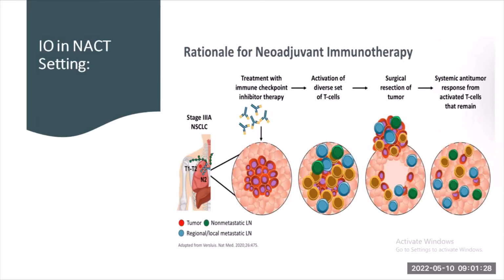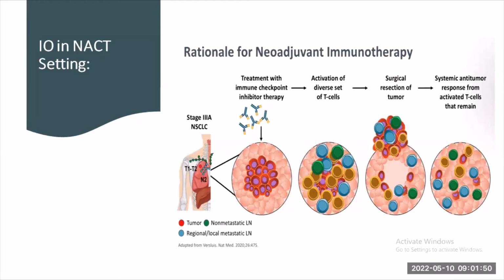Next important thing is use of IO in the neoadjuvant setting. So what is the rationale for using neoadjuvant immunotherapy? If we give immunotherapy in the early stage, what immunotherapy does is it basically suppresses the inhibitory microenvironment of the tumor.